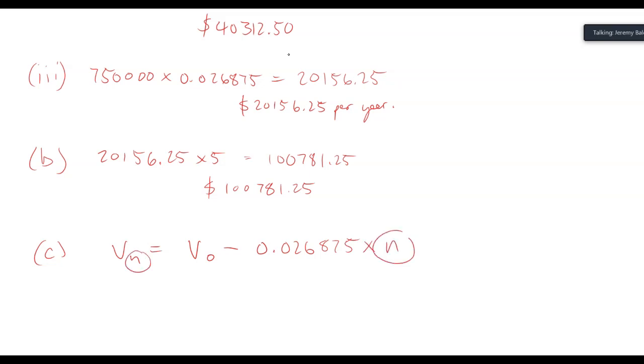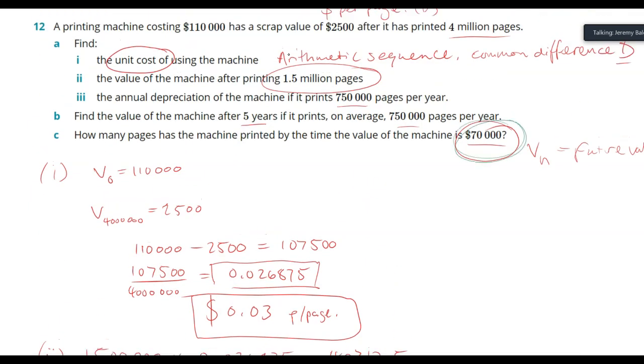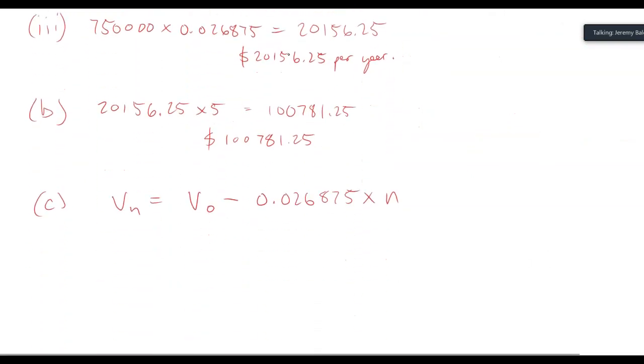So that n and that n are the same. So what we're going to do now is we're going to say, okay, we know what Vn is. We want Vn to be 70,000. So I'm going to say, okay, 70,000 equals 110,000 minus 0.026875 times n. And that can be solved using either simple algebra or using your algebra solve function on the CAS. So we're going to do that one.